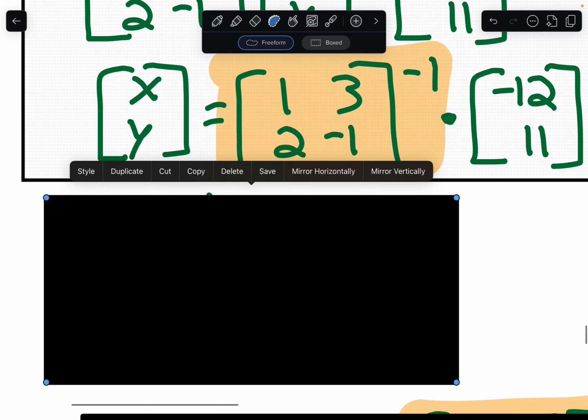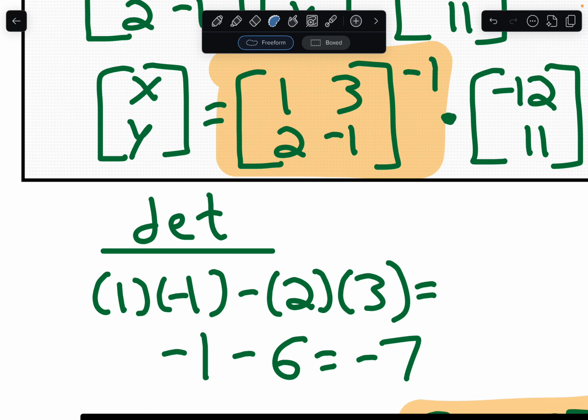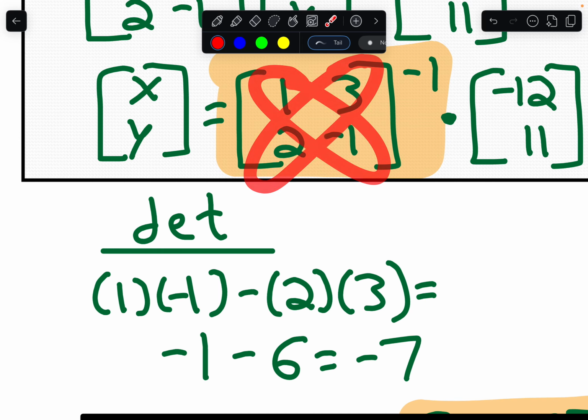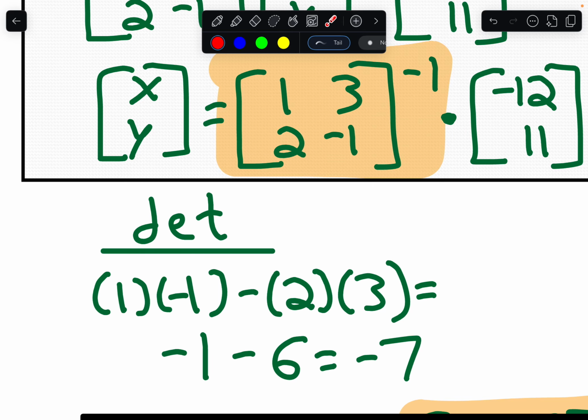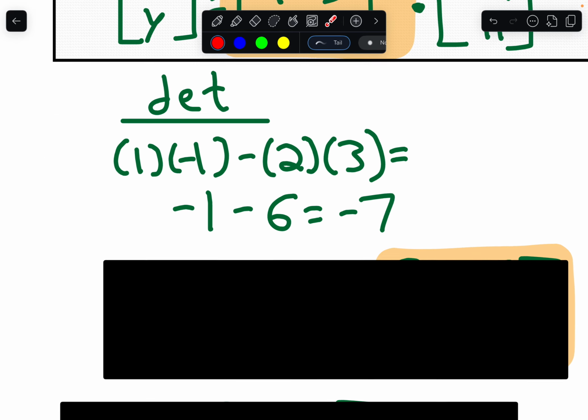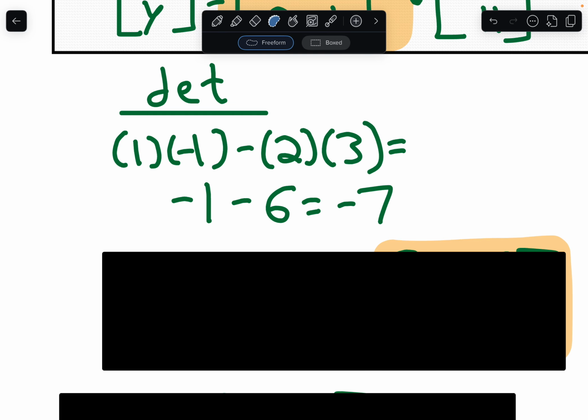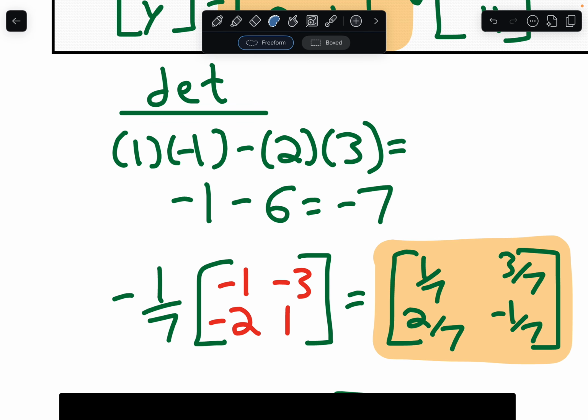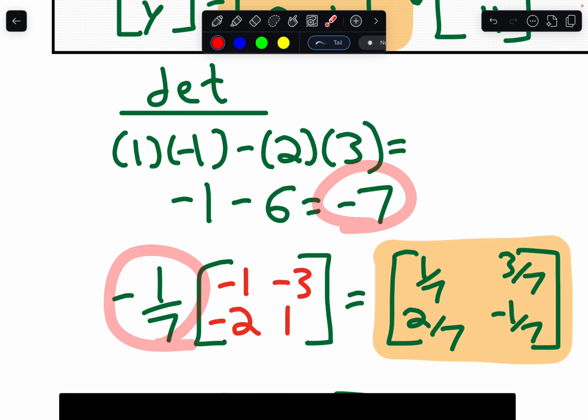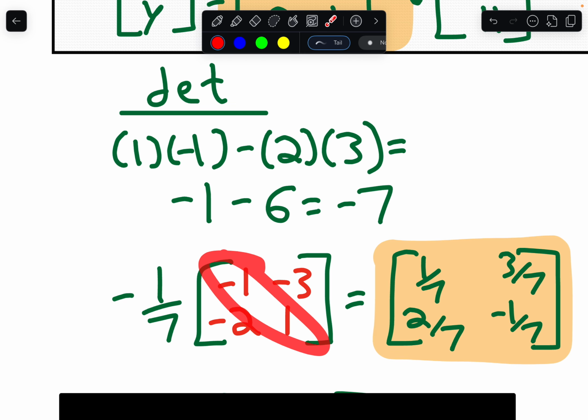The first thing I'm going to do is the determinant again. Hopefully by now we're getting pretty confident finding the determinant, multiplying the diagonals. We get -7. Now we go ahead and multiply. Again, we take the reciprocal, and multiply it by the top left, bottom right diagonal, which get switched.